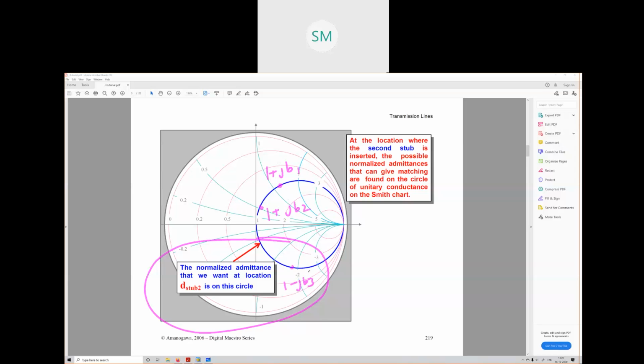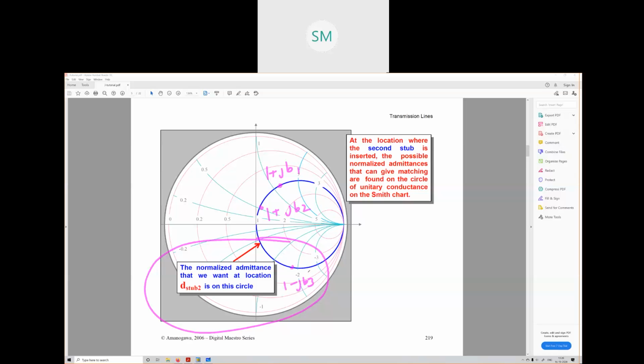Yes and no. Some part of your point is correct, but some part is not. On the circle, we have the admittance in the form of 1 plus jB, not minus jB. And then if you put a stub of admittance minus jB, we get the match.